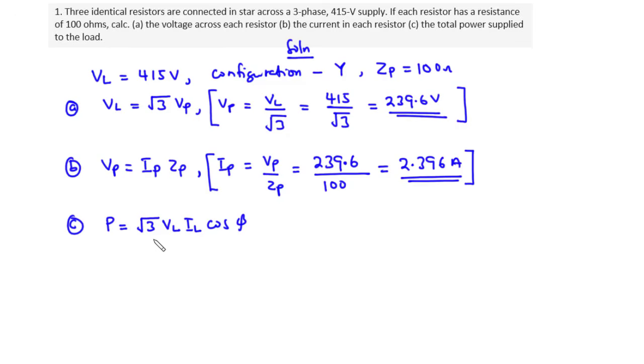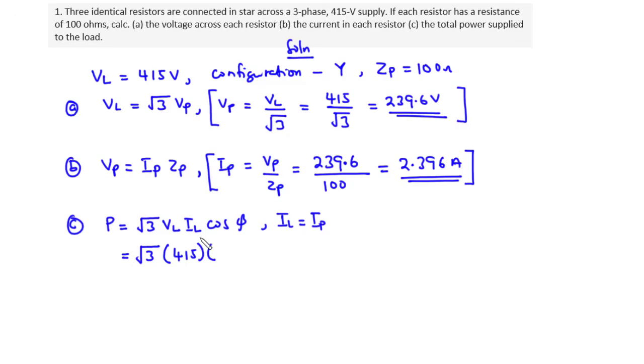Therefore, to find the value of the total power supplied to the load, that is given as root 3 times VL, which is given in the question to be 415, times IL. The line current is equal to the phase current, that is IL is equal to IP.